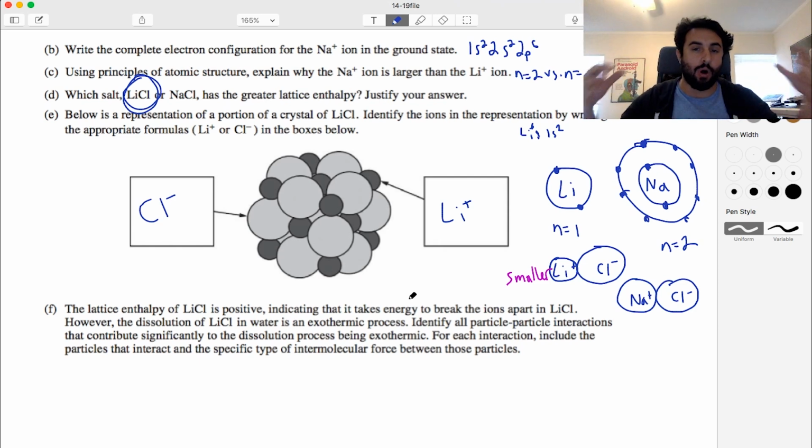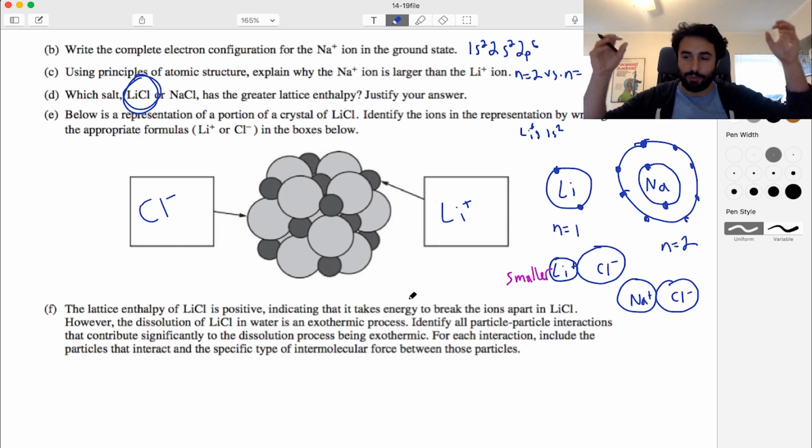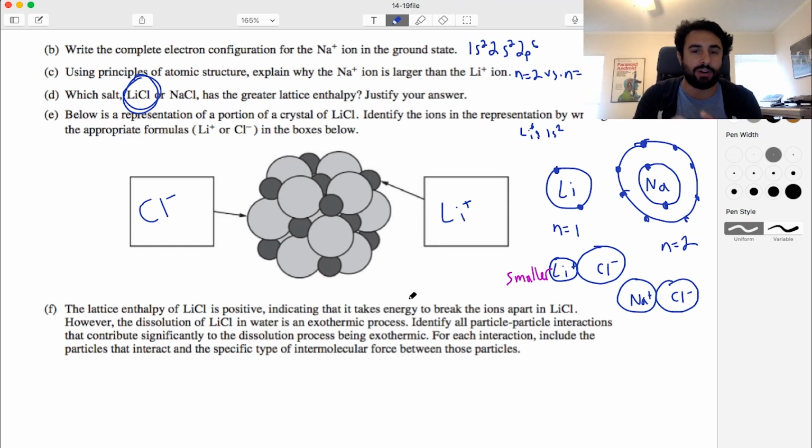But it will always release energy if we put those ions in water so that they can make interactions. Which one of those is bigger tells us whether the dissolution of that ionic solid is endothermic or exothermic, right? If the lattice energy is greater than the energy of solvation, then it takes more energy to pull them apart than is released when they get into the water.